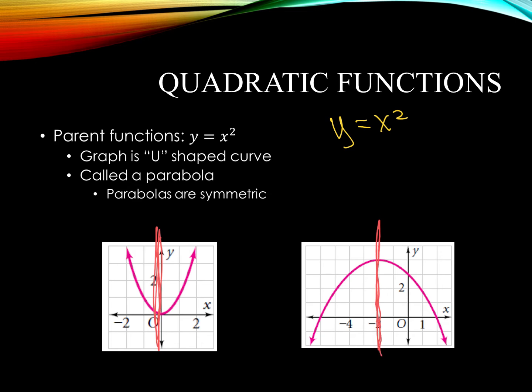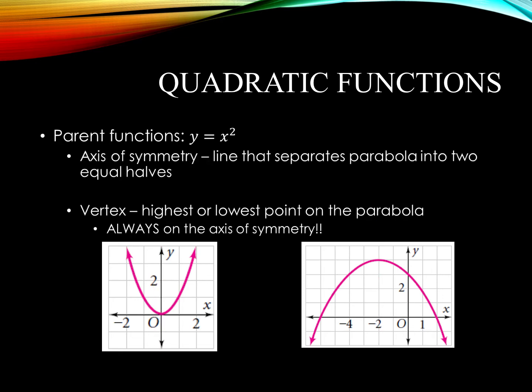We'll talk more about symmetry right now. So the axis of symmetry is the line that separates the parabola into two equal halves. So this equation right here is going to be my y-axis, or when x equals 0. In this graph over here, my axis of symmetry is when x equals -2.